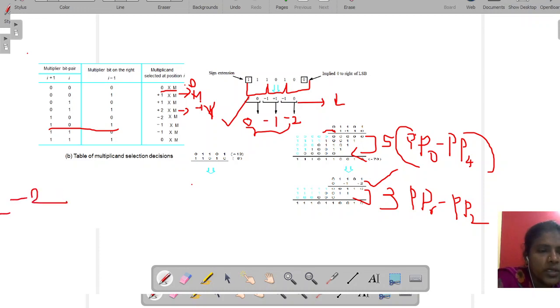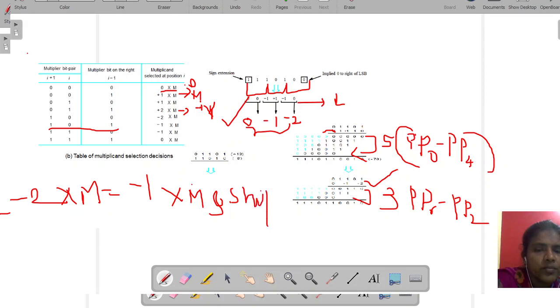Minus 2 into m is minus 1 into m and shift left 1 bit position.